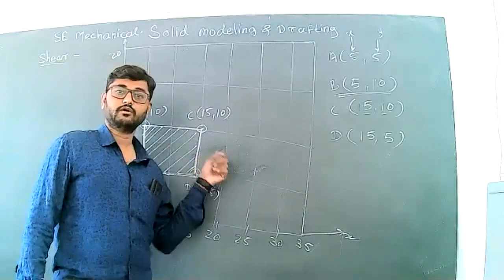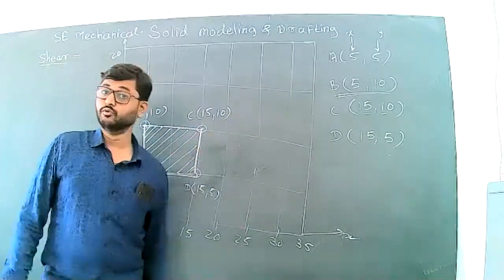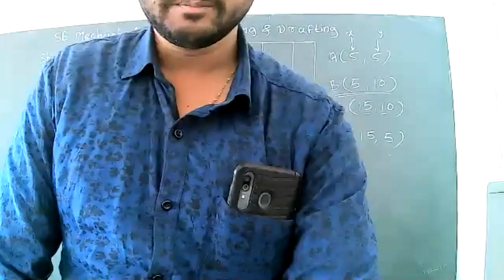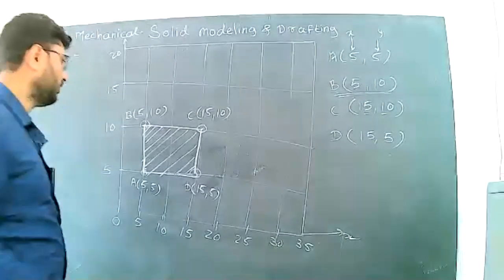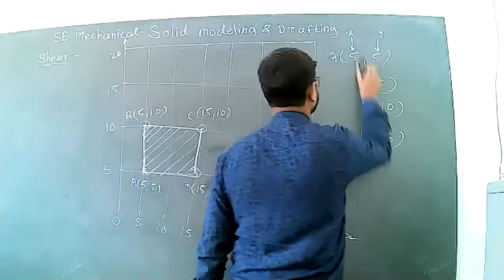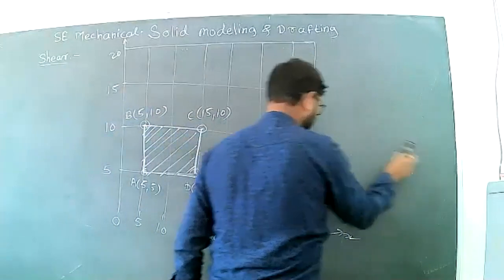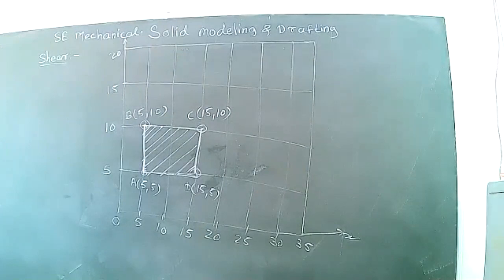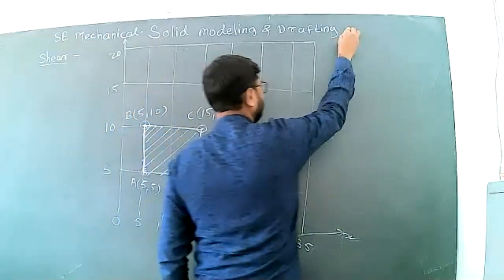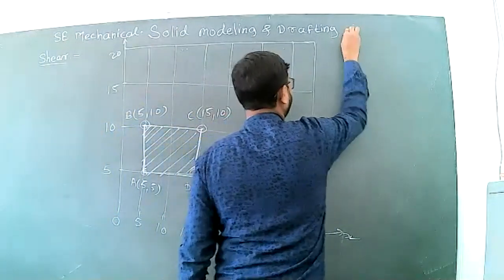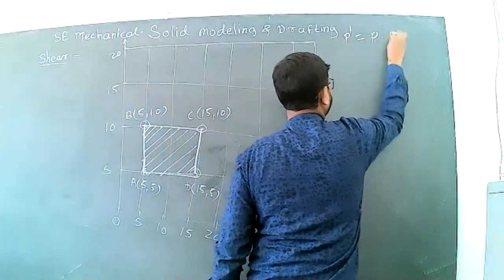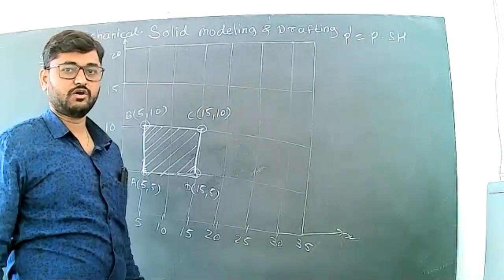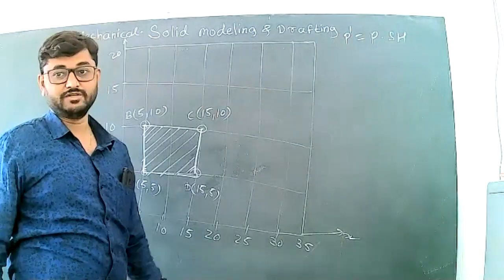We have to shear, that is, transform this rectangle to a new position. How to transform? Let us solve a simple equation for this. We have the equation P dash is equal to P into SH. This one is the standard equation of shear transformation.